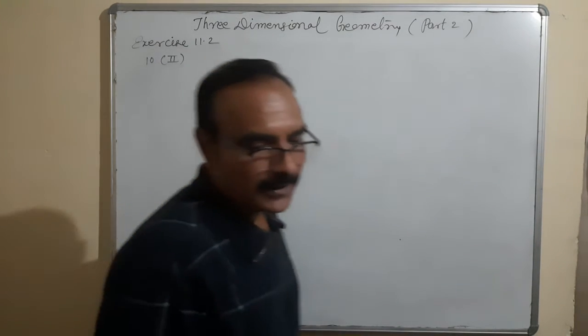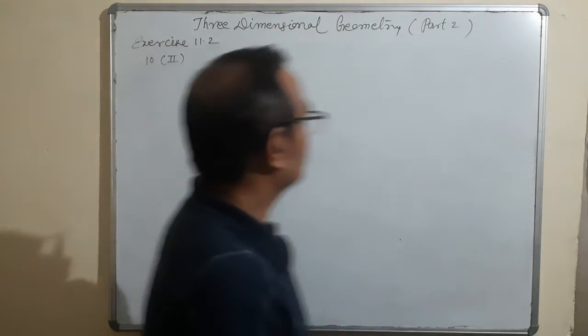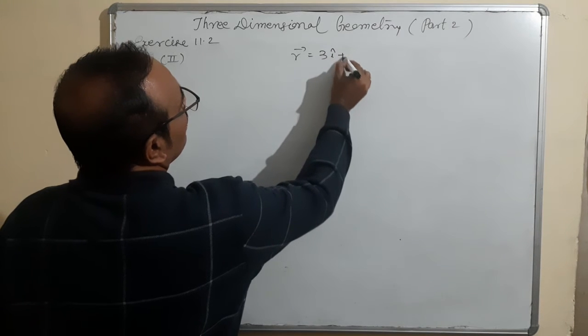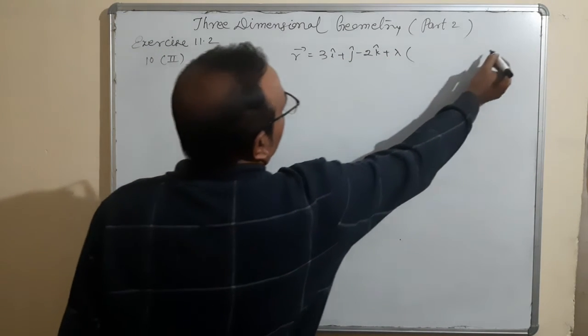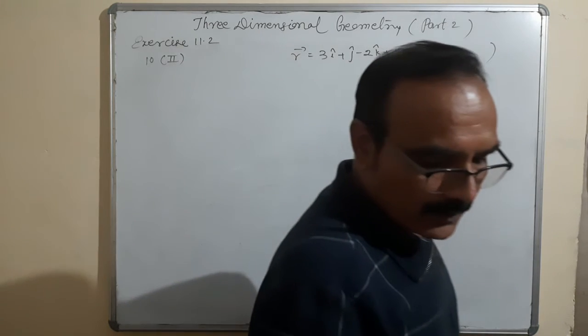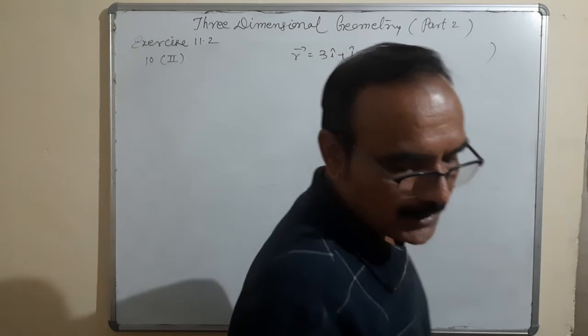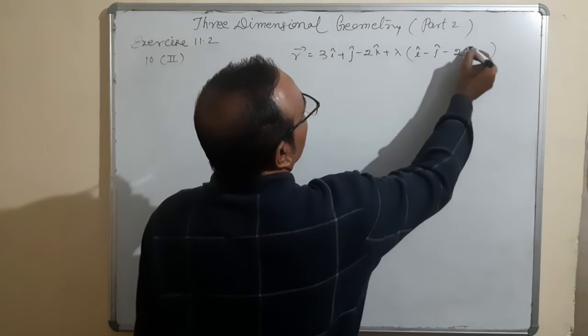10th question, second part. Vector r is equal to 3i plus j minus 2k plus lambda times (i minus j minus 2k).